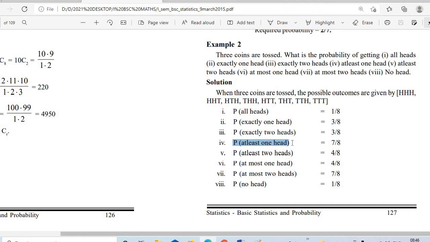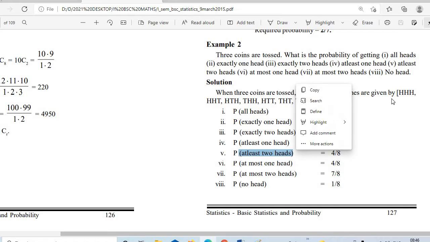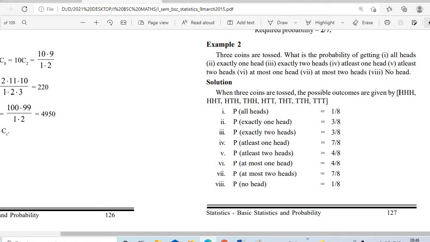Next is at least 1 head. That means 7 possibilities are there. Okay, 7 by 8. At least 2 heads. It can be 2 heads or 3 heads. So there are 4 possibilities. These are 4 by 8. At most 1 head means these are the 4 possibilities. 4 by 8.